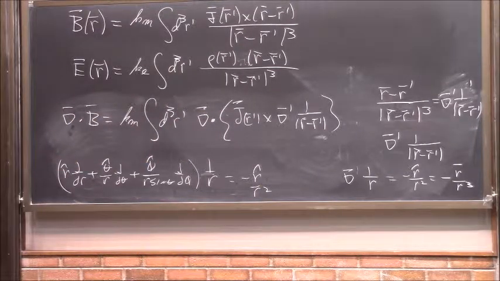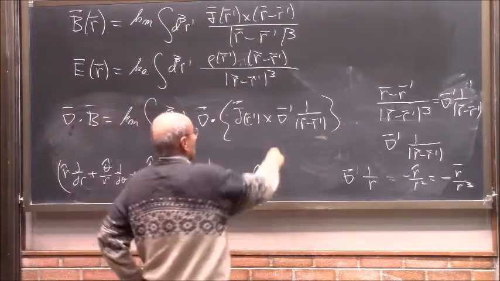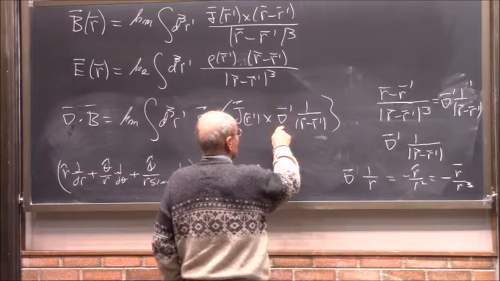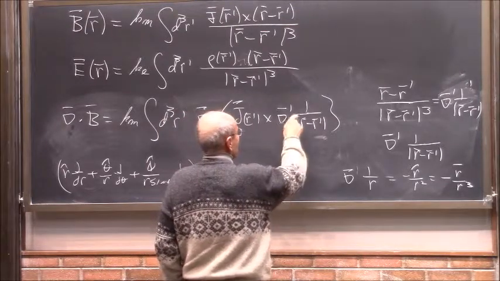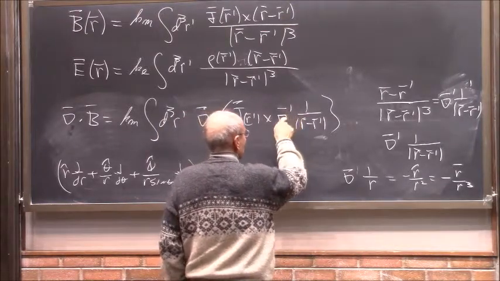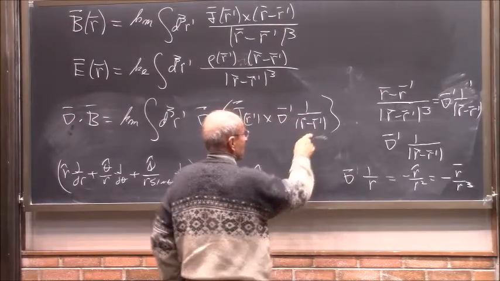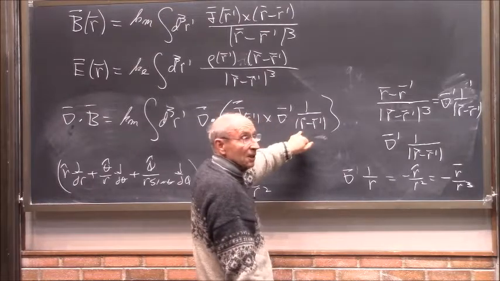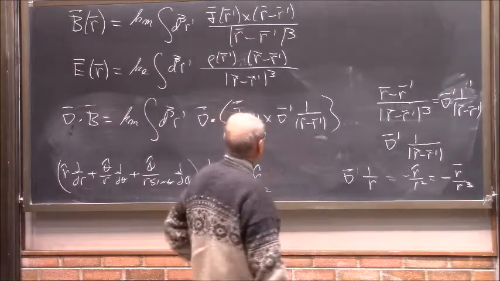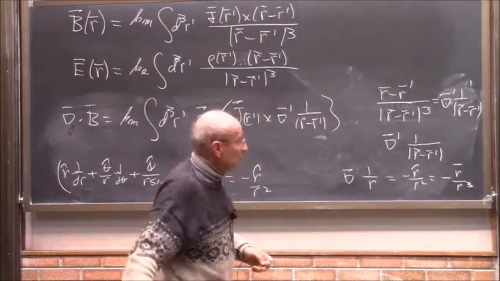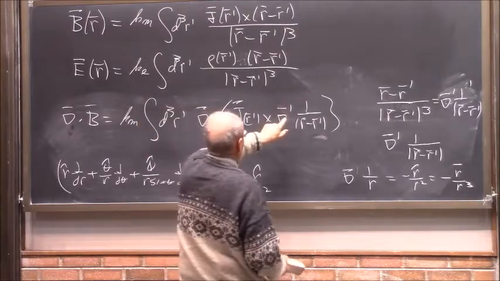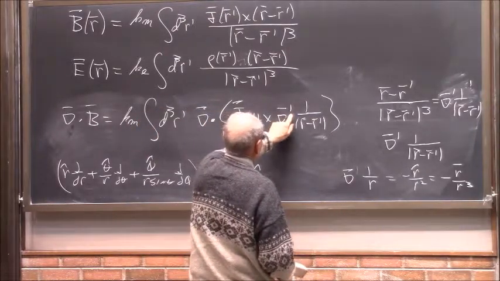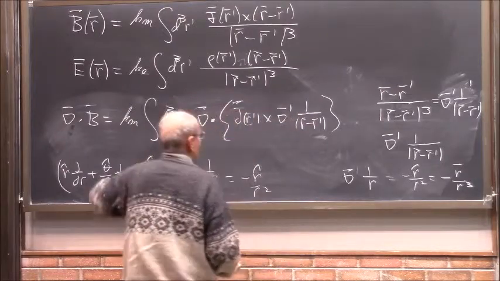Okay with everybody? Now, I could also have written this thing as minus the gradient of this, because the gradient prime is just minus the gradient of the thing by itself. And so I could also have written that with no prime on it and a minus sign.